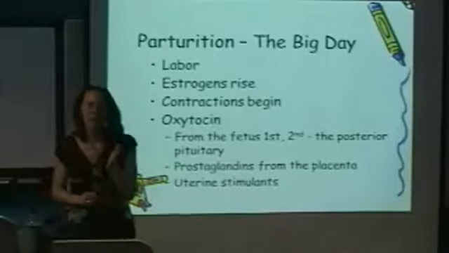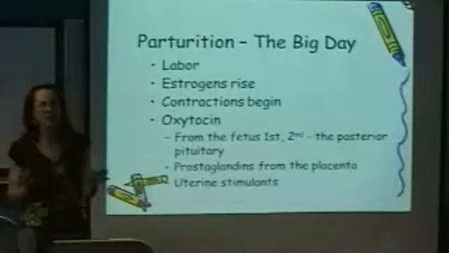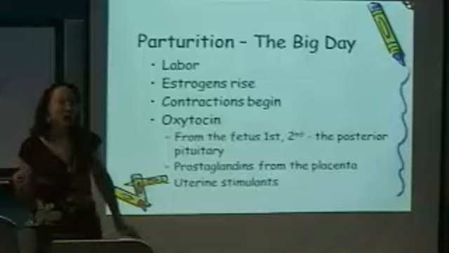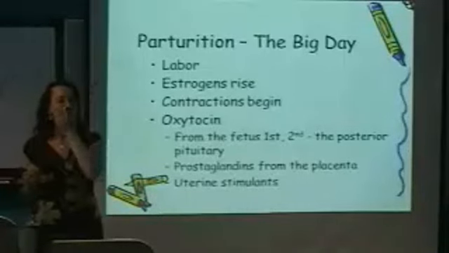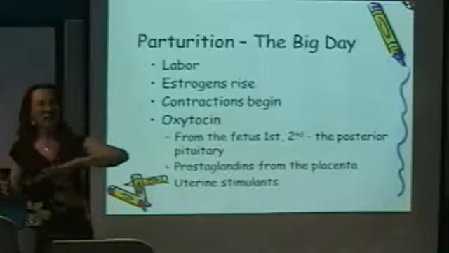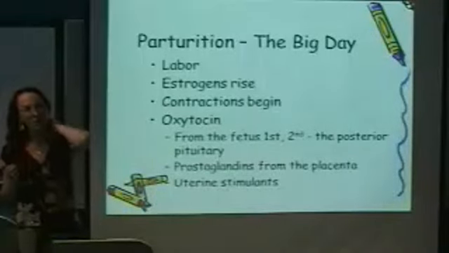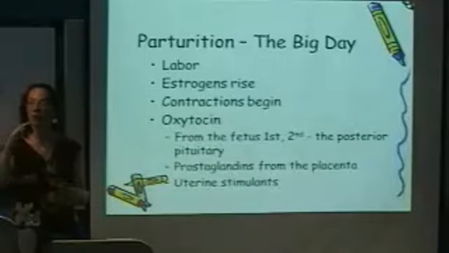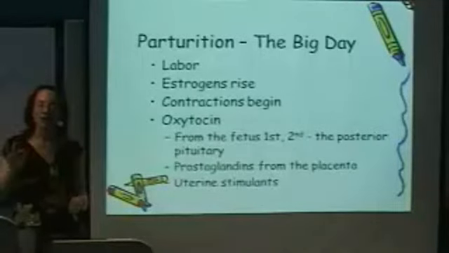So parturition, or labor: what happens as a woman reaches the point where a baby is ready to be delivered, estrogens will rise. That rising of estrogens will start to trigger a positive feedback cycle where oxytocin is released from both the mother and the infant.